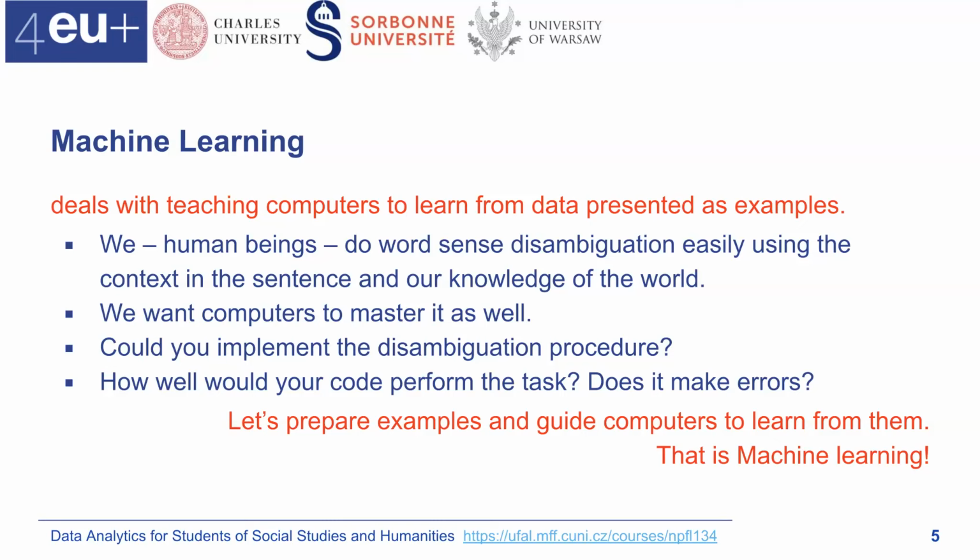And the question is how well we could code these rules, both the knowledge about the context in the sentence and the knowledge of the word. And the question is how many errors our procedure would be making.